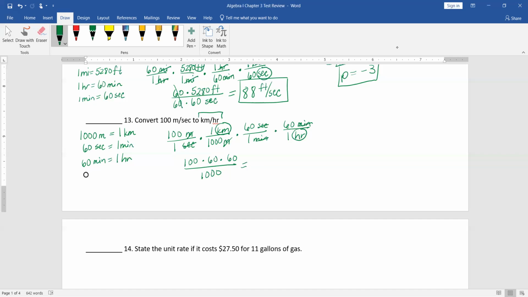You have 1 in 60, another 1 in 60, so that's 2, and then 2 in 100, so it's 1, 2, 3, 4 zeros, and then 6 times 6 is 36. So our numerator is 360,000 divided by 1,000. These just cancel each other out, since 10 divided by 10 is 1. And so you're left with 360 kilometers per hour.